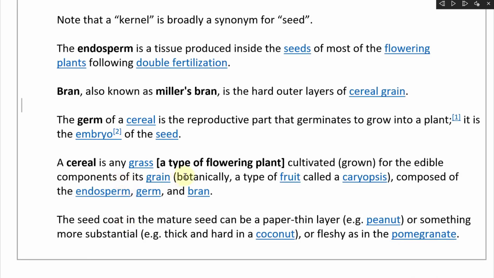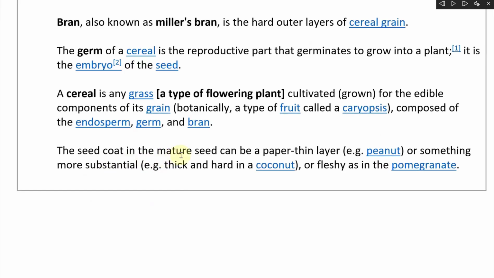A cereal is any grass, which is a type of flowering plant, cultivated for the edible components of its grain. Botanically, it is a type of fruit called a caryopsis. So the grain is essentially a fruit called a caryopsis, composed of the endosperm, germ, and bran. That's very, very interesting.